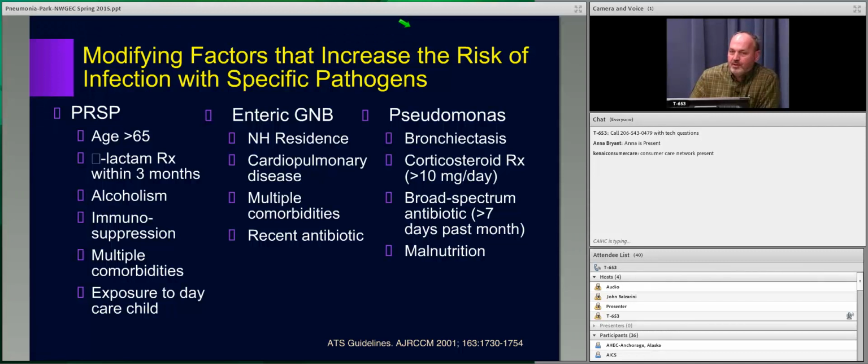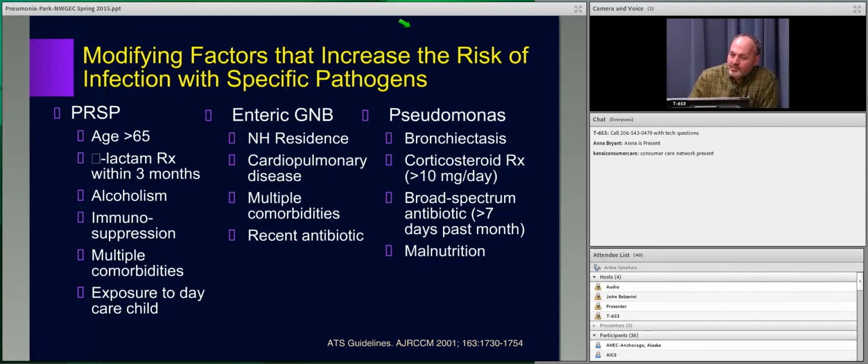I don't hear so much about this anymore because we're talking about risk factors for penicillin-resistant strep pneumoniae. Okay, we've become less concerned about that, but those risk factors still get us thinking about resistant antibiotics, antibiotic-resistant pathogens of other types.